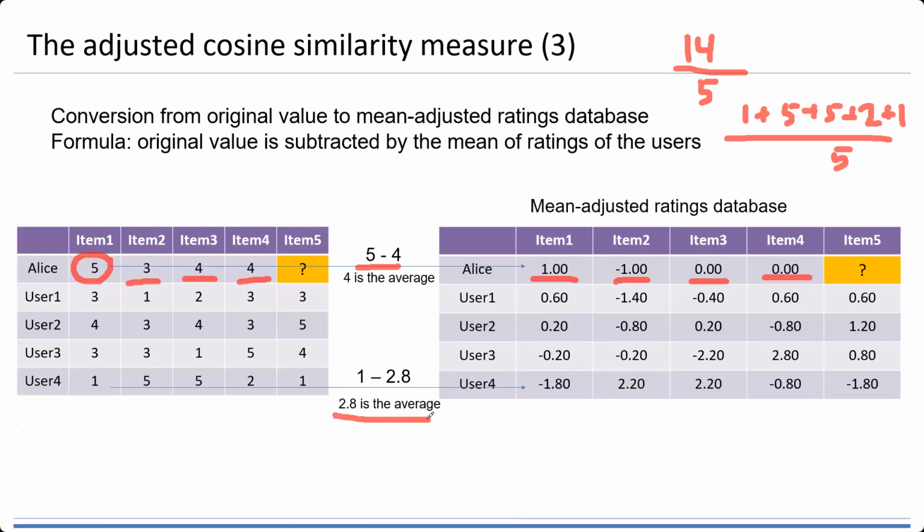So the other values also, you can calculate the average, and you will get a new matrix like this, because this is a mean adjusted rating table.